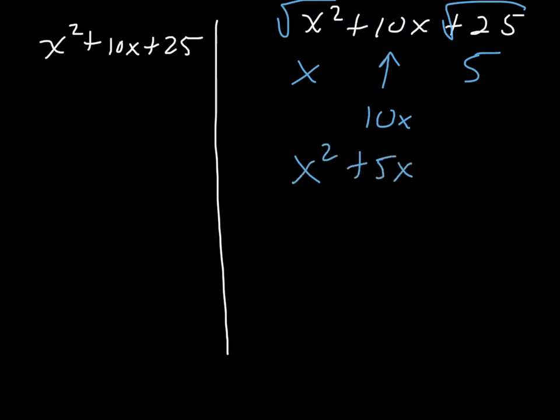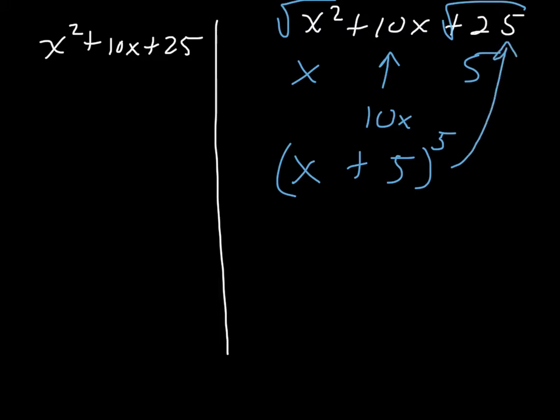No, it's not. What am I doing? Pay attention. It's going to be x plus 5, and it's not x squared. What am I doing? Sorry about that. It's going to be x plus 5 squared.